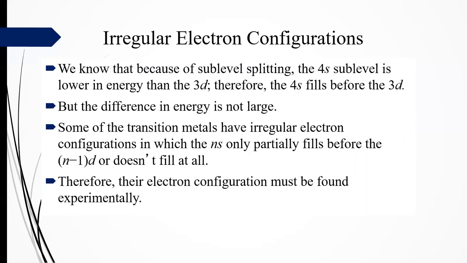And so all electron configurations have to be found experimentally. We have to go out and measure them, so that we can see how many electrons come off at each of those given values in order to identify the electron configurations. A lot of our irregular ones are going to be in our transition metals and our rare earths, or the lanthanides and actinides.